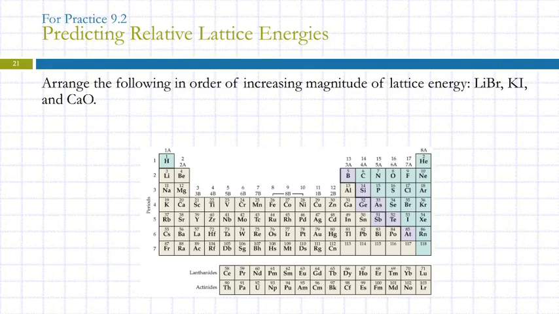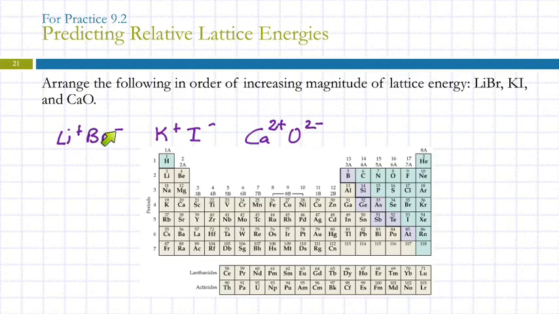We've got lithium bromide, so that's Li plus and Br minus. And we've got potassium iodide, and we've got calcium oxide. So there's two things happening. We've got differences in charges, and we probably have differences in sizes.